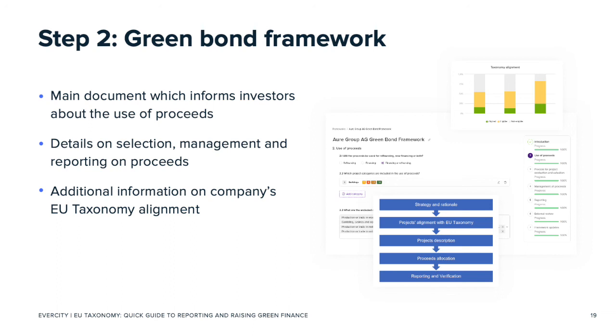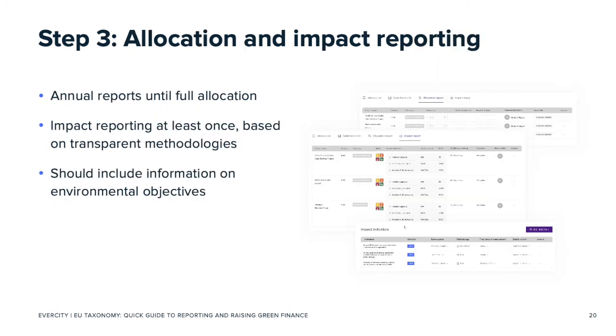What is the unique feature here is that the framework should include additional information on companies' taxonomy alignment, not just the data about the use of proceeds as in other green bond standards. Then we have allocation and impact reporting. In EU Green Bond standard, reports have to be made annually until full allocation. Let's say you issued the green bond for 10 years.